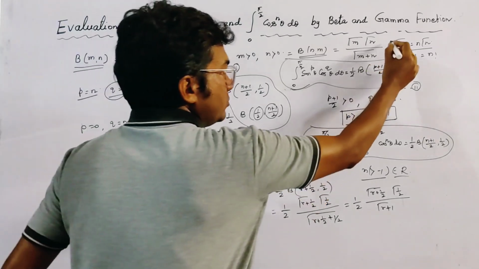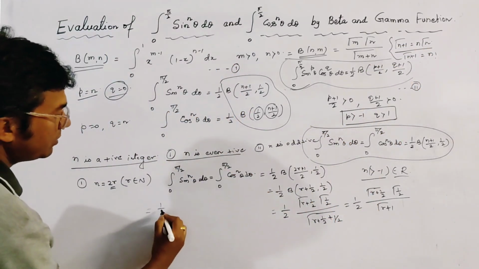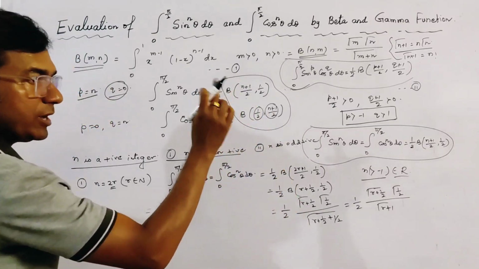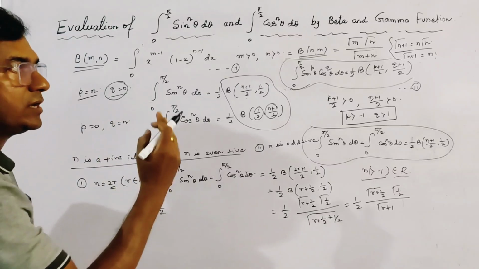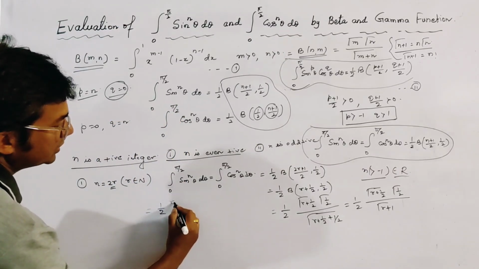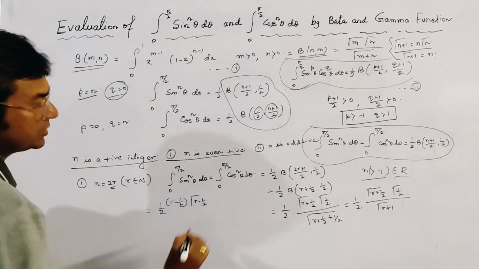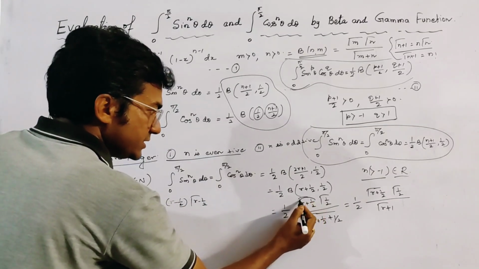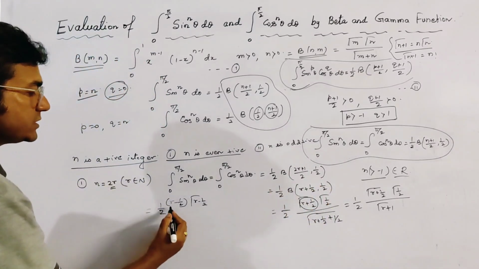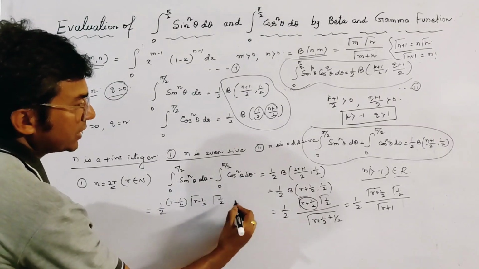By using these two properties, we get the result as half into, using the property gamma(n plus 1) equals n gamma(n), the first step is (r minus half) into gamma(r minus half), because if we take this as n plus 1, then n is r minus half, into gamma(r minus half), and another half gamma(half) here.